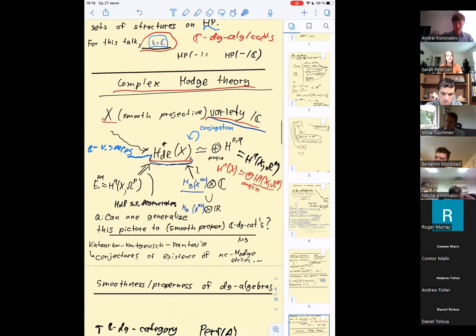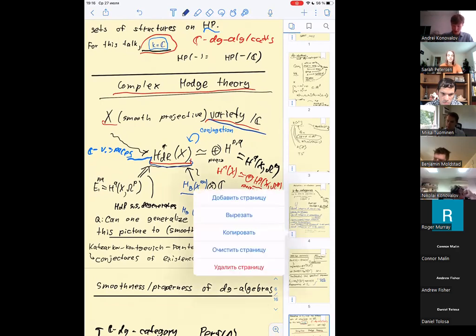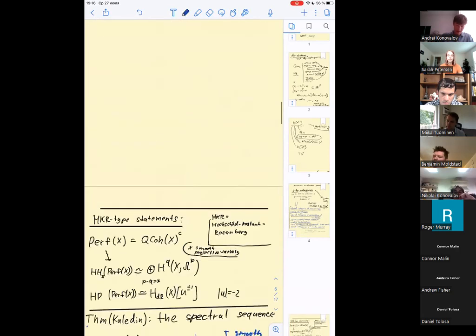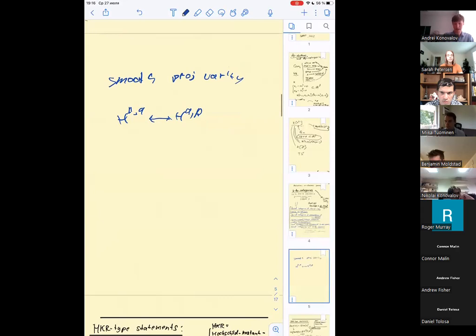So, for example, a nice corollary of this is that whenever you have a smooth projective variety over C, since, as I said, H^{P,Q} and H^{Q,P} are swapped, you know that the dimensions are the same.